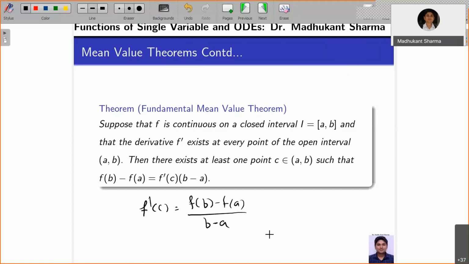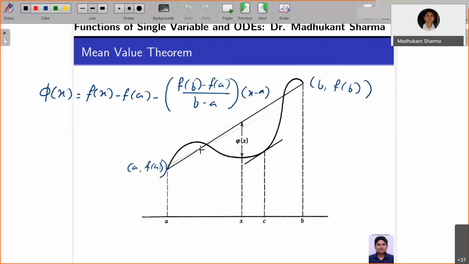So the situation is as follows. You have this graph. f of A is here and f of B is here. These are the points (A, f of A) and (B, f of B). You can certainly identify the equation of the line through these two points.